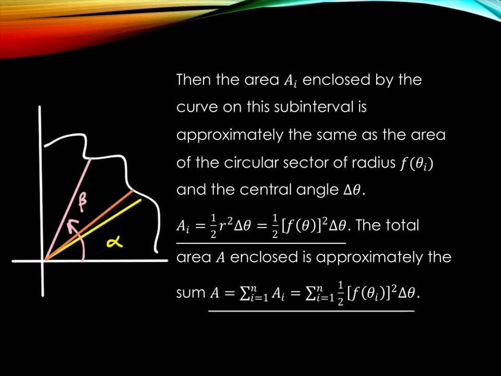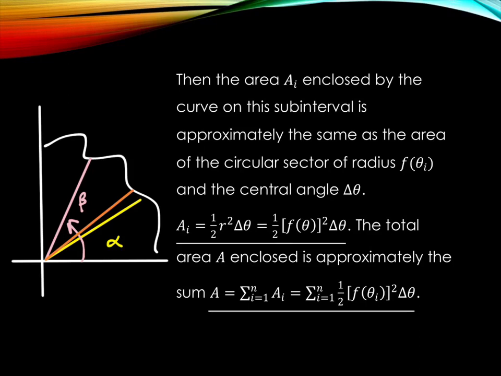So the area a sub i enclosed by the curve on the subinterval is approximately the same as the area of a circular sector of radius f of theta sub i with central angle delta theta. So the area a sub i, which we established earlier was 1/2 r squared theta, is now 1/2 f of theta sub i squared times delta theta, because r is the same as f of theta.